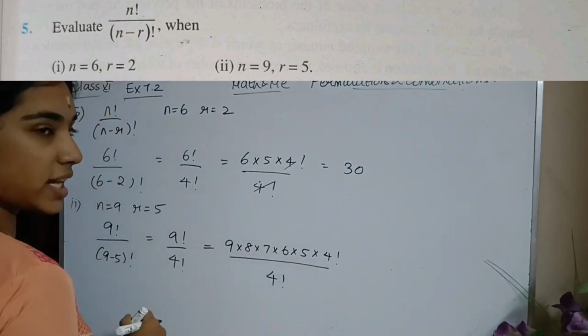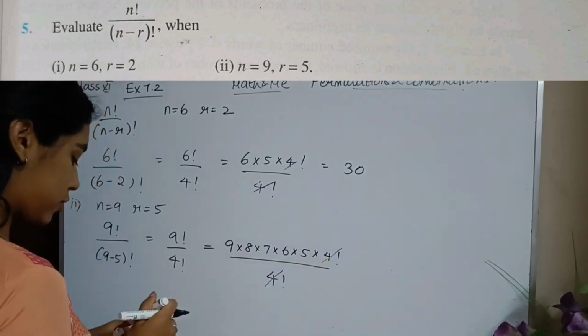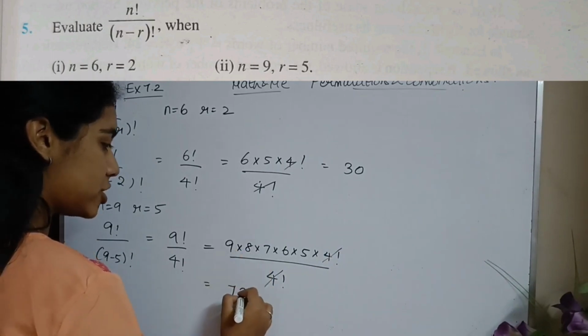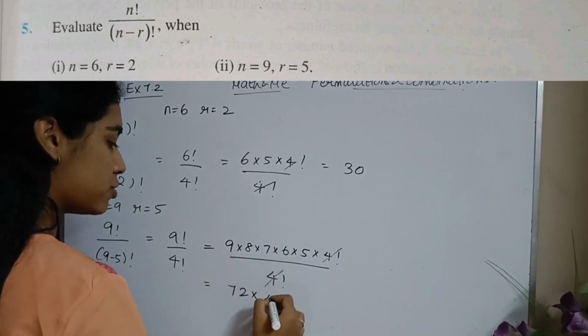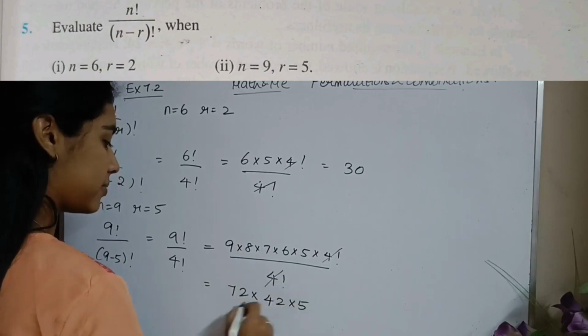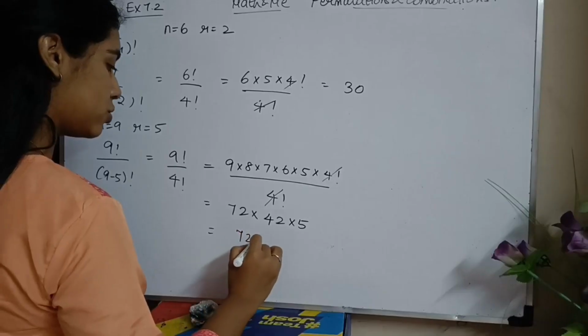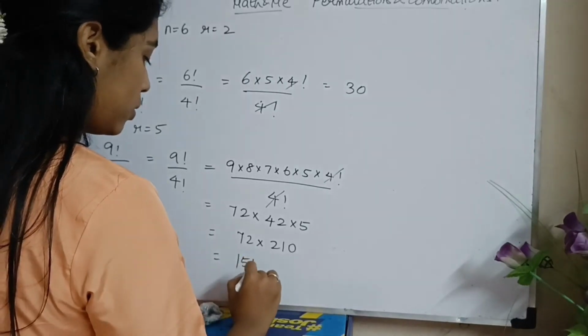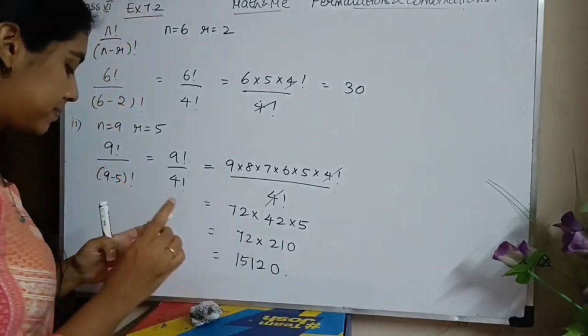The 4 factorial and the 4 factorial will get cancelled. I'll be left with 9 8s are 72, 7 6s are 42 times 5. So this will be 72 times 210, 15,120. Okay.